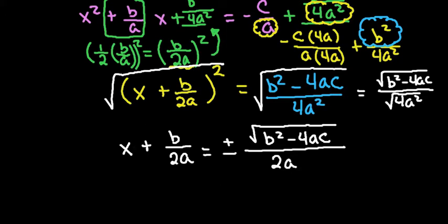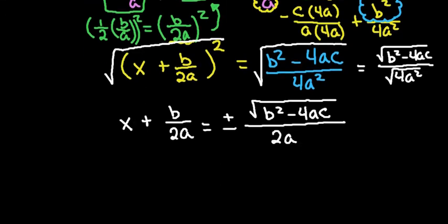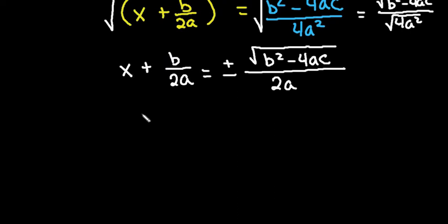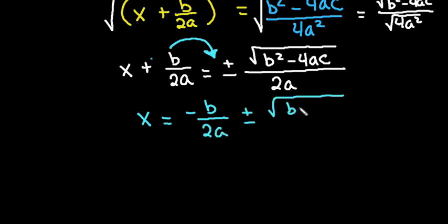And now my last step is going to be to get x by itself. So I'm going to move the b over 2a to the opposite side. Since it's positive, when I move it to the opposite side, it becomes a negative b over 2a, plus or minus the square root of b squared minus 4ac, all over 2a.